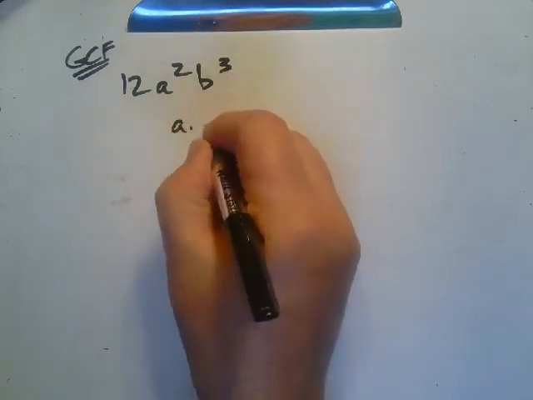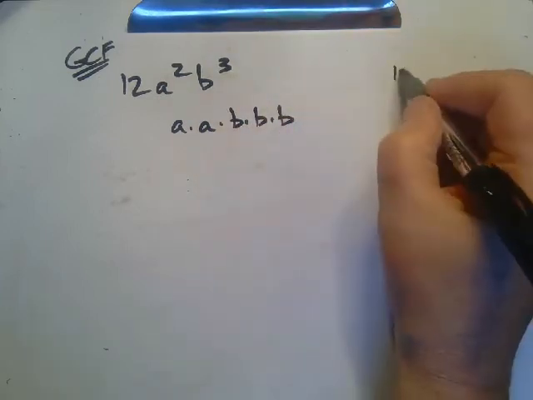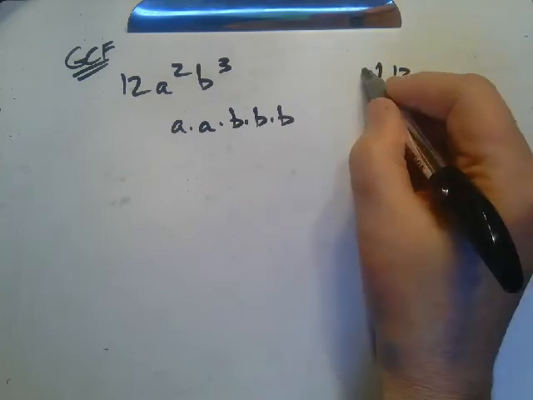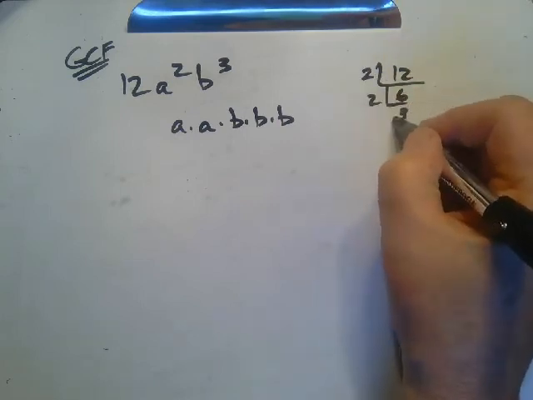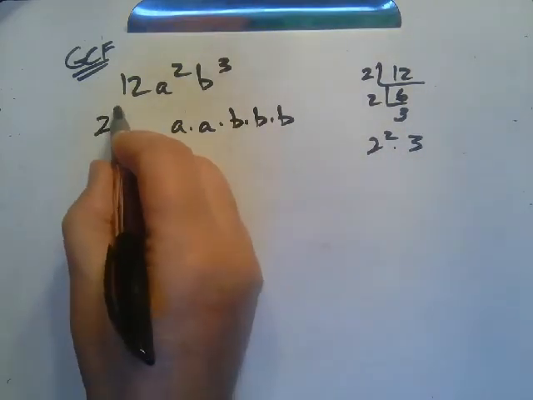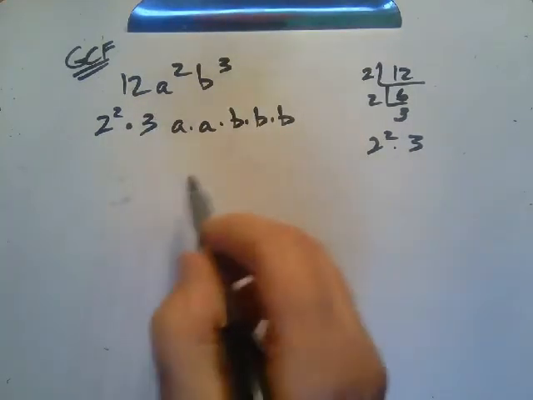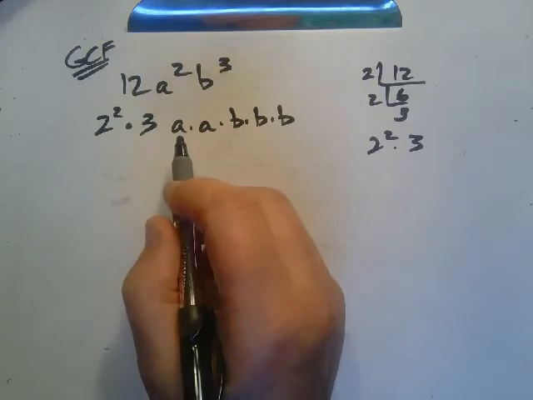This is just A times B times B times B. Then I'd have to go over to the side and find the prime factorization of 12. 2 goes in 6 and 2 goes in 3. So that's 2 to the second times 3. We're looking for the prime factorization. In other words, break it down into all of its parts.